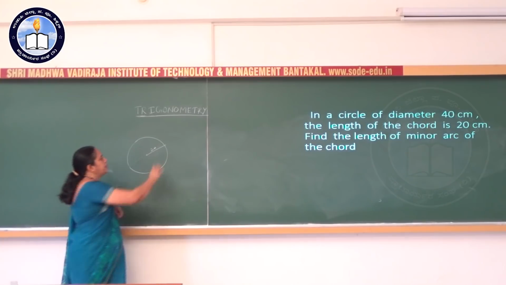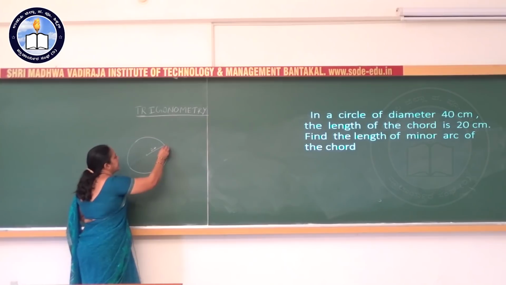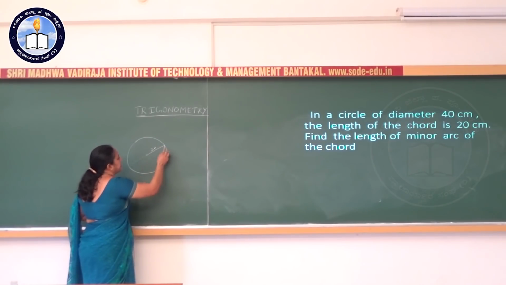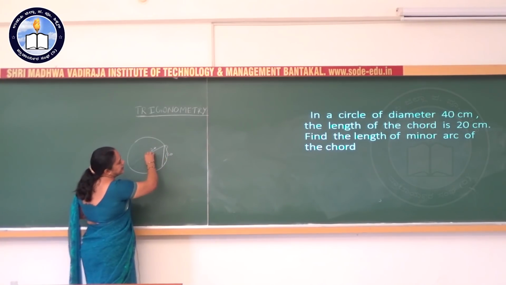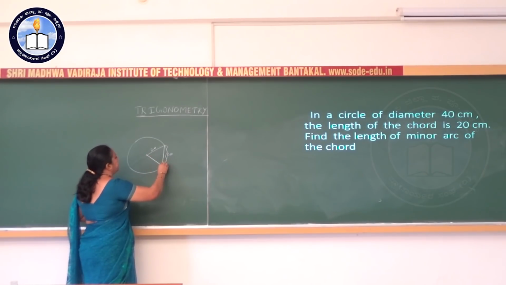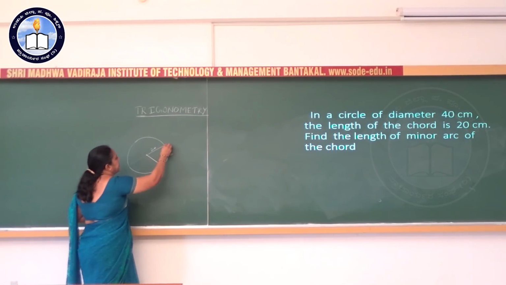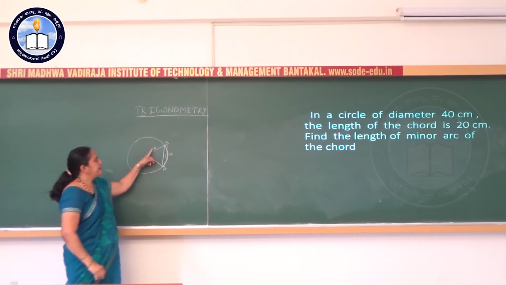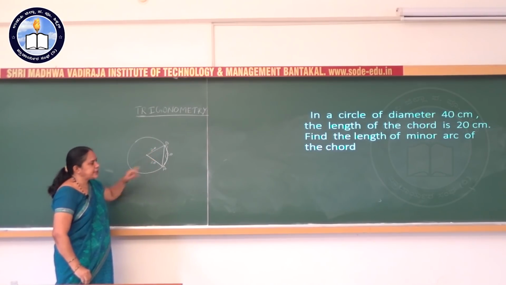Radius of the circle 20 centimeter, given the length of the chord is 20 centimeter. We have to find the length of the minor arc of the chord, the minor arc AB. Now, we know radius of the circle is 20 centimeter.